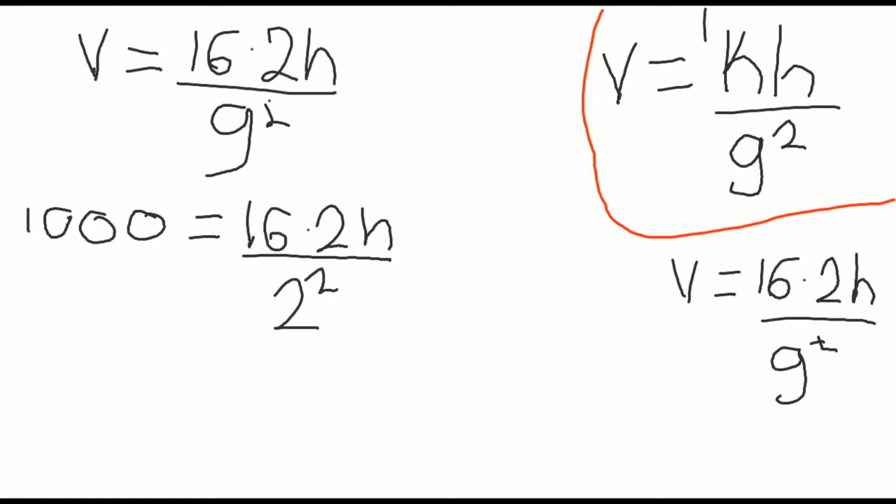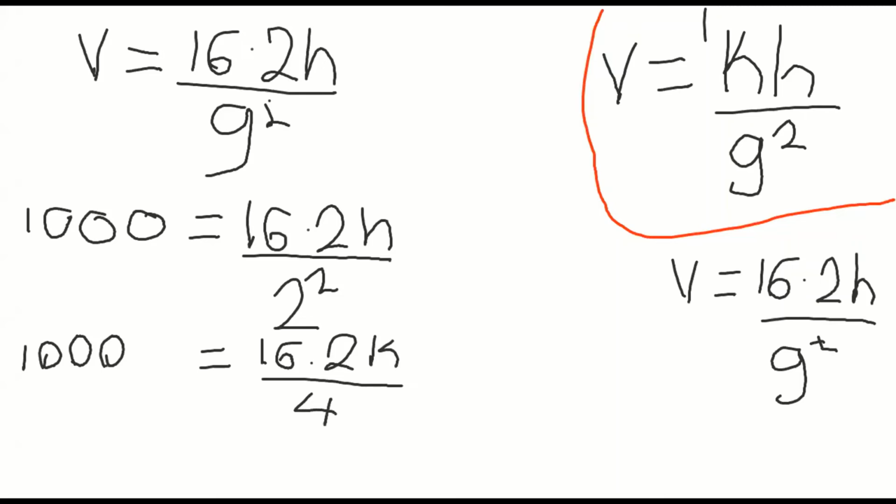So that will be 1,000 is equal to 16.2H out of 4.